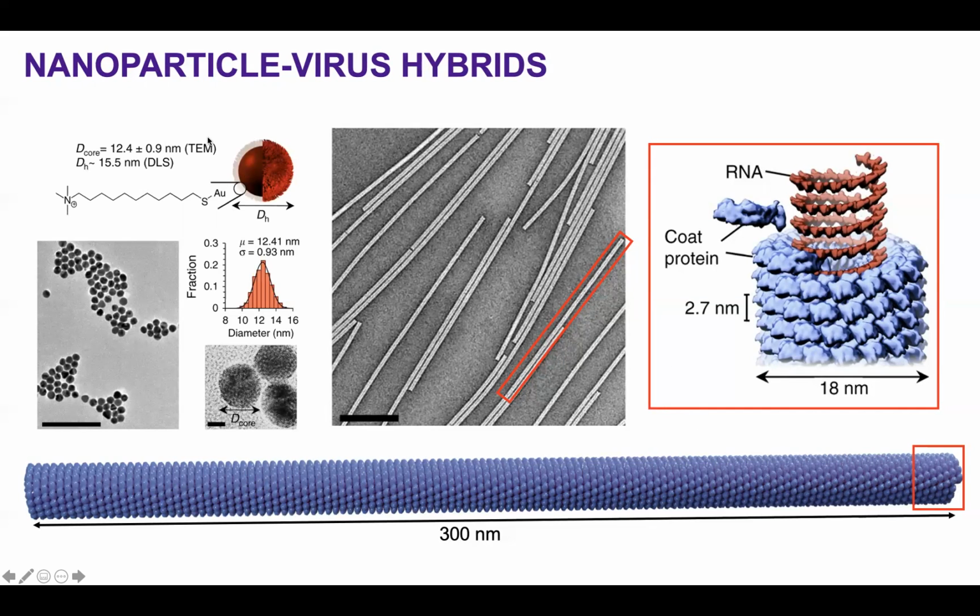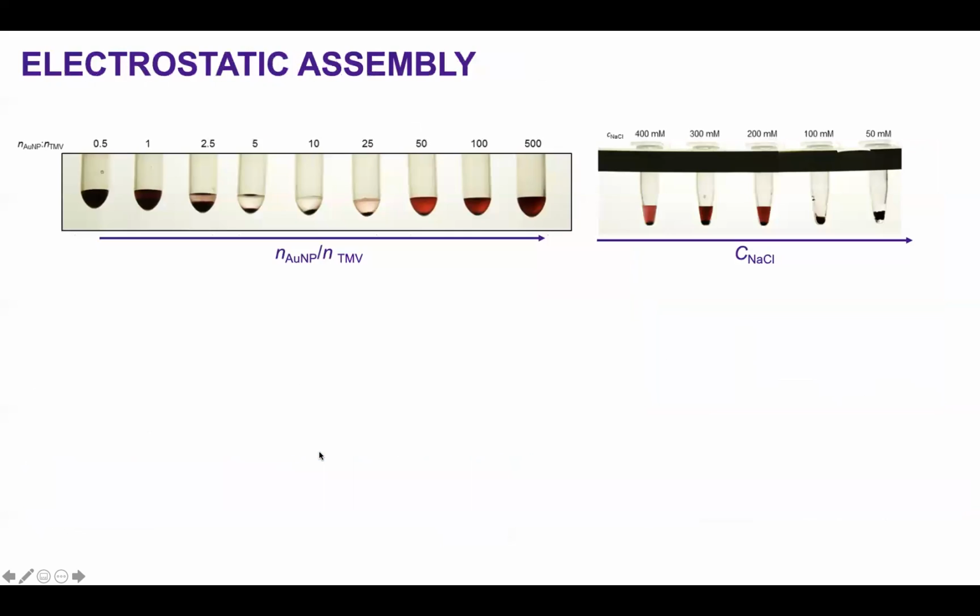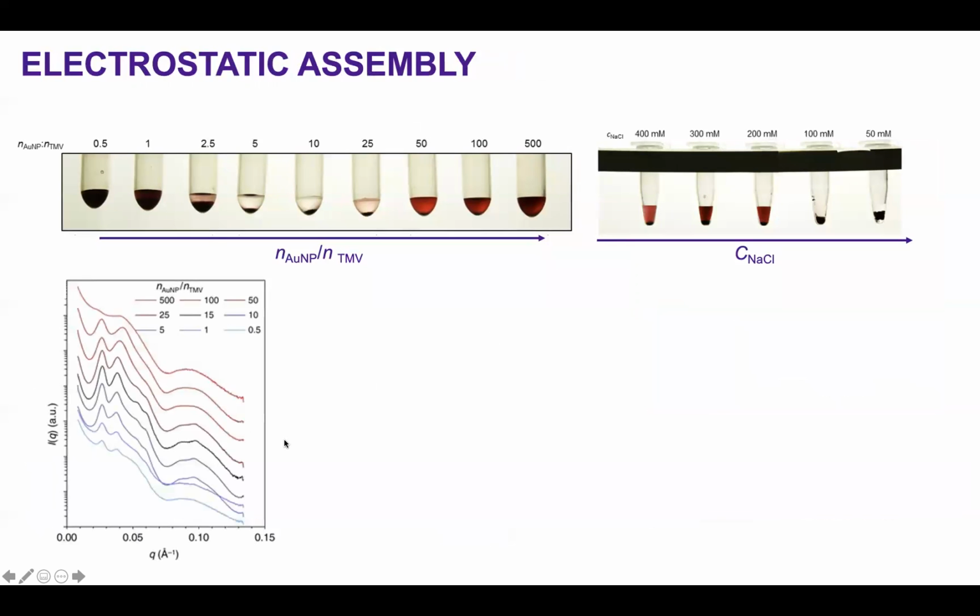Now, if you take a cationic synthetic gold nanoparticle, which has a positive surface charge and a narrow size distribution, and you mix them, you get a superlattice. And here is how, if you mix a different ratio of gold and virus, you end up getting different colors, which indicates that there is an optimum ratio where you can precipitate out the colloidal dispersion.